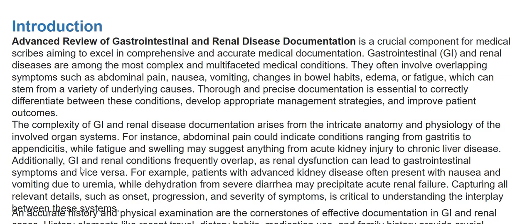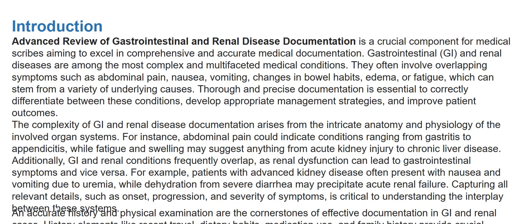Additionally, GI and renal conditions frequently overlap, as renal dysfunction can lead to gastrointestinal symptoms and vice versa. For example, patients with advanced kidney or renal disease often present with nausea and vomiting due to uremia, with dehydration from severe diarrhea may precipitate acute renal failure.